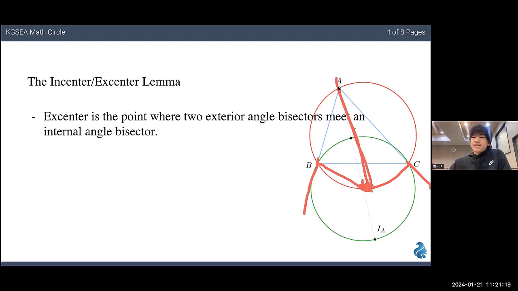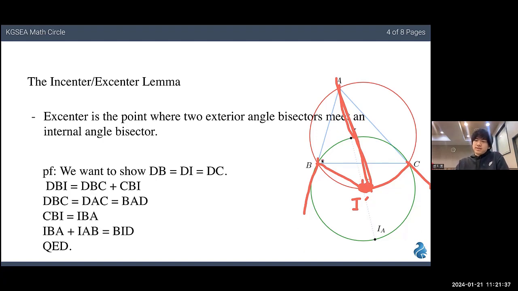And an interesting fact here is that when the extension of A and the incenter meets its circumcircle, this point, I prime, will be the center of the excenter circle.